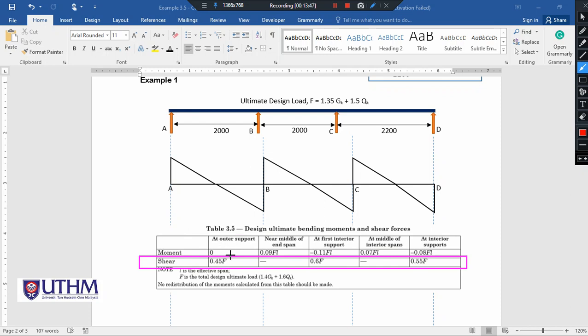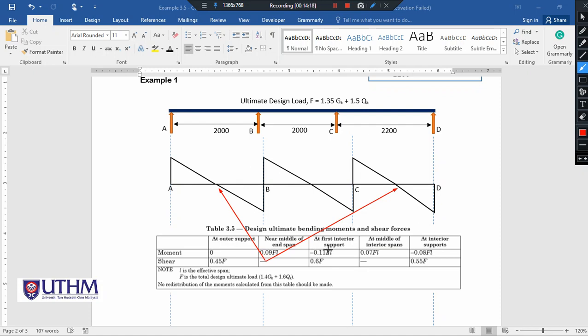The outer support is 0.45. This is the outer support, 0.45. Meanwhile, for the near middle of end span, the value is 0. This is the near middle of end span. This is the end span, and this is the middle.